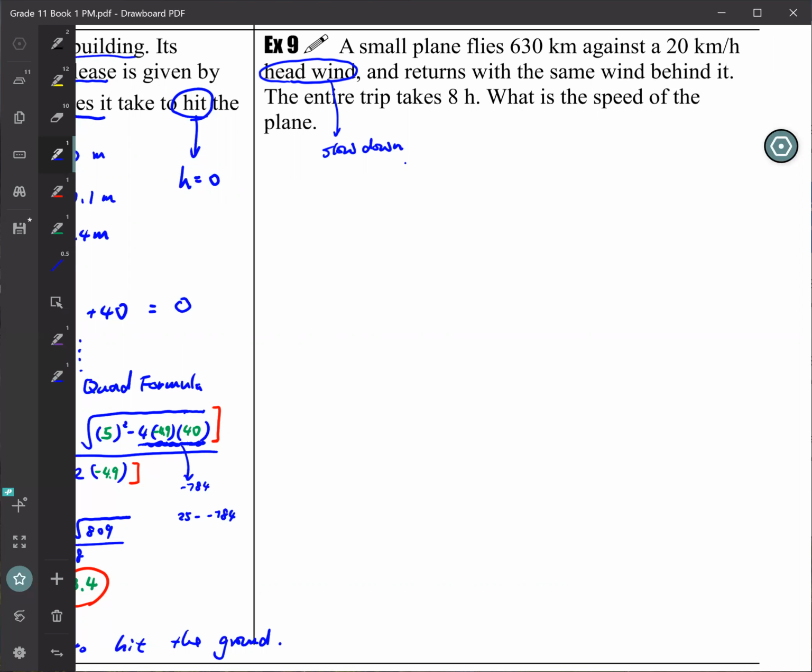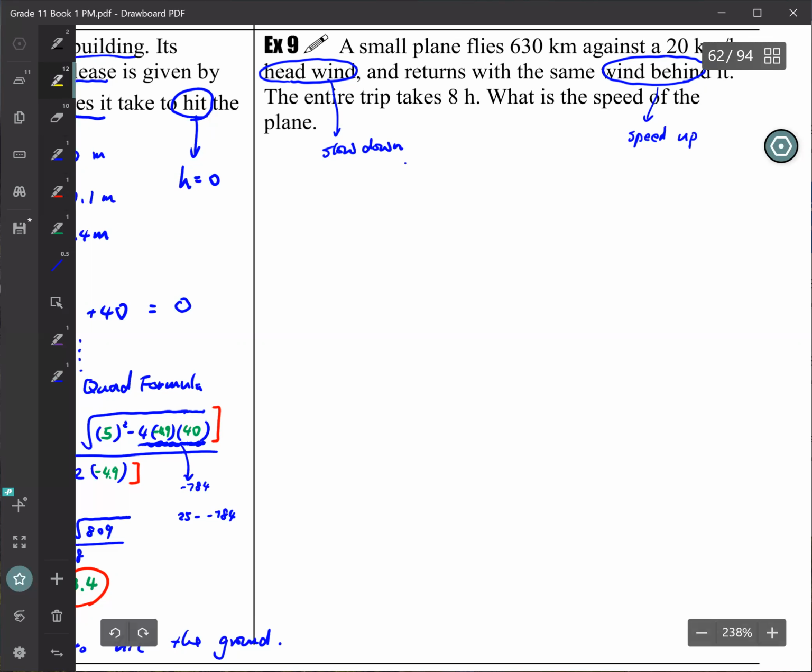And if you have the wind behind it, it will speed up the airplane. So the 220 kilometers per hour is the speed of the wind, not the speed of the plane.